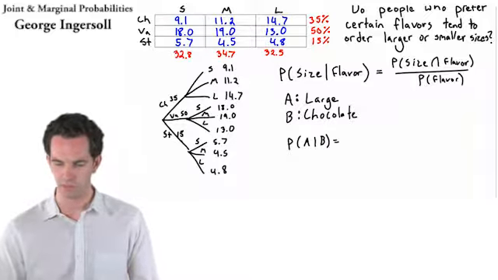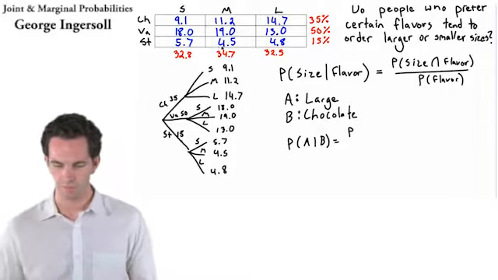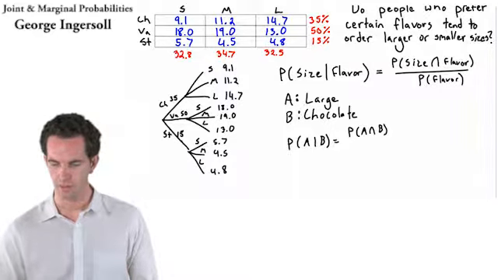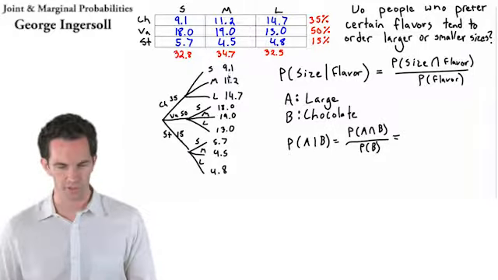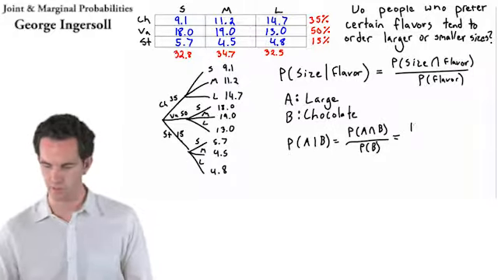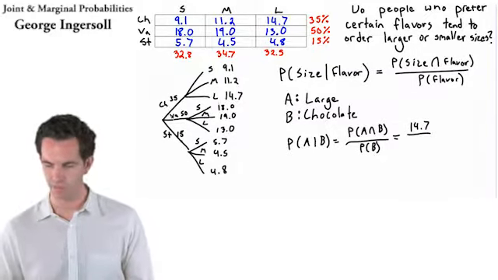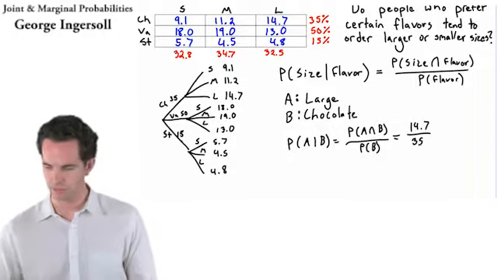That is going to be equal to P(A and B) over the probability of B, which is going to be equal to this right here, 14.7, that's the intersection, over 35. And what is that? That's 42%.